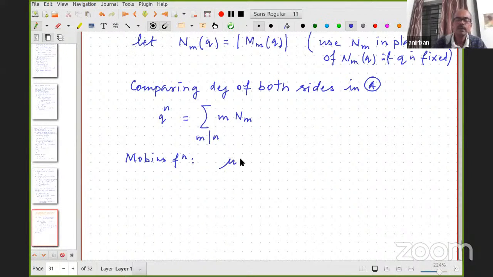So mu is a function on natural numbers taking values in 0, 1 and -1, or if you want to write -1, 0, 1.